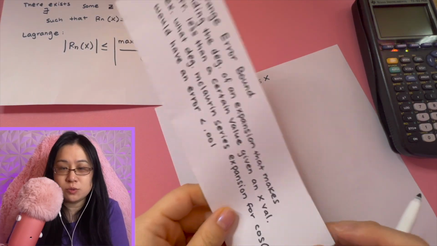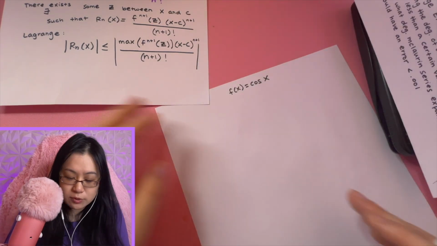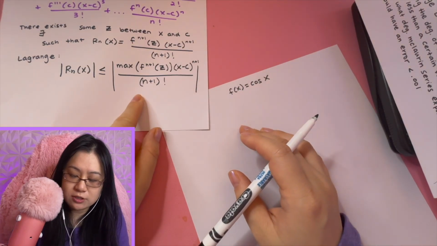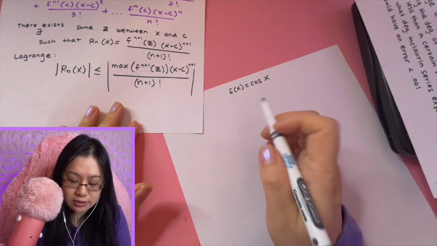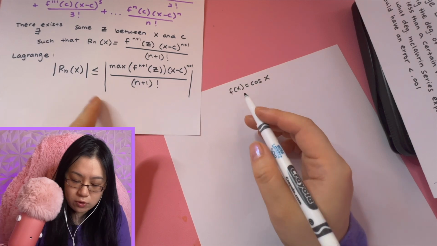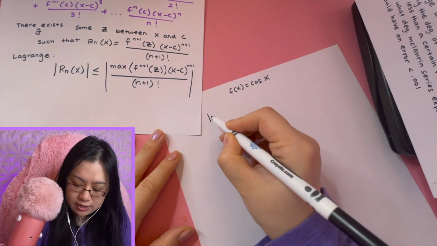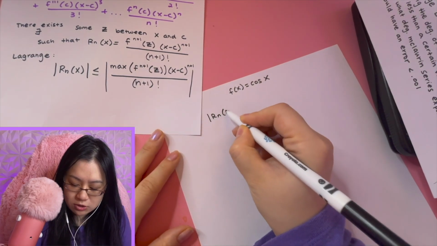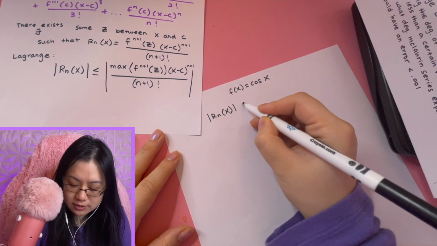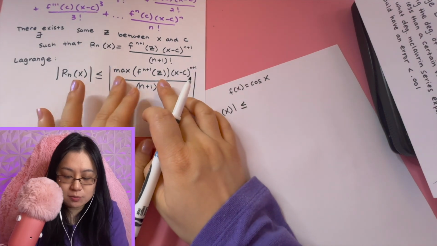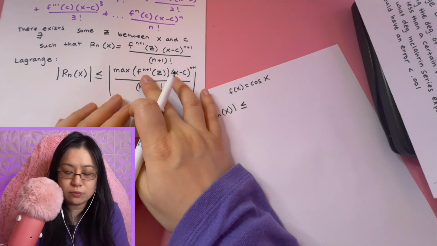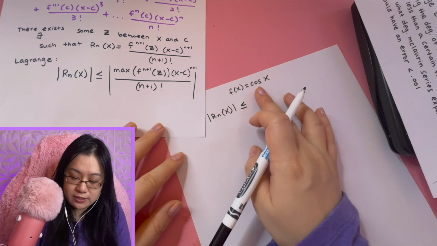Again, we'll do the actual Maclaurin expansion here in a second to double check, but really the point for this question, tying it in with the Lagrange error bound, is that we can just use this formula to say that the remainder is going to be less than or equal to, and here's the interesting part, we're looking at the maximum of the n plus first derivative of this thing.